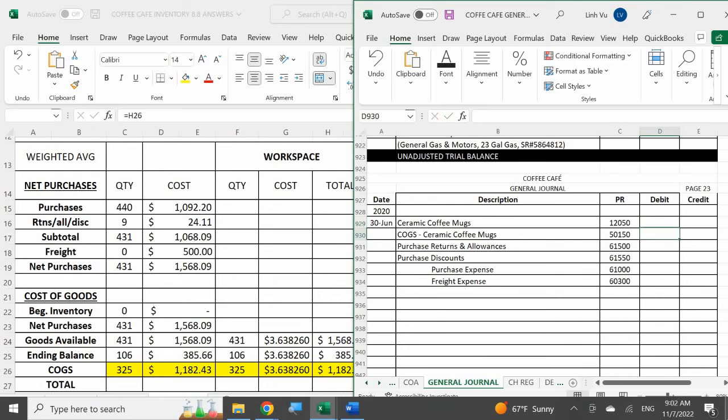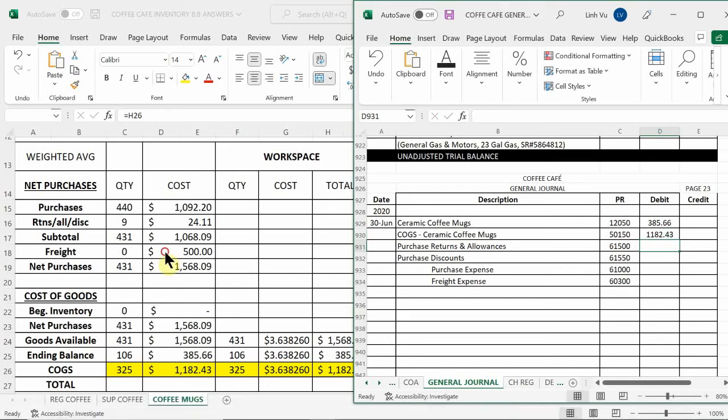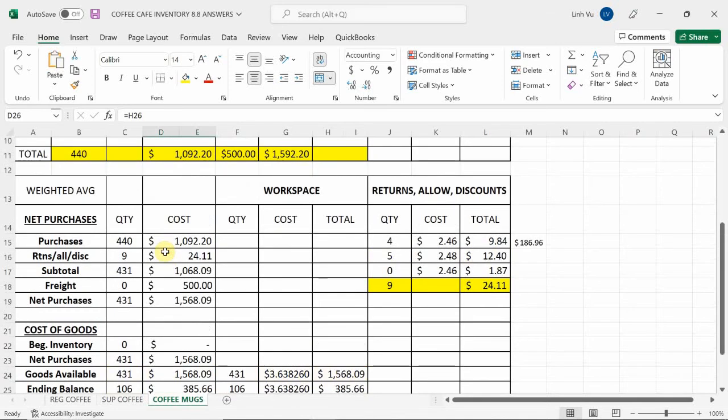Okay, so what was my ending balance? The ending balance is 385.66. Okay. Cost of goods sold: 1,182.43. What was my total returns?